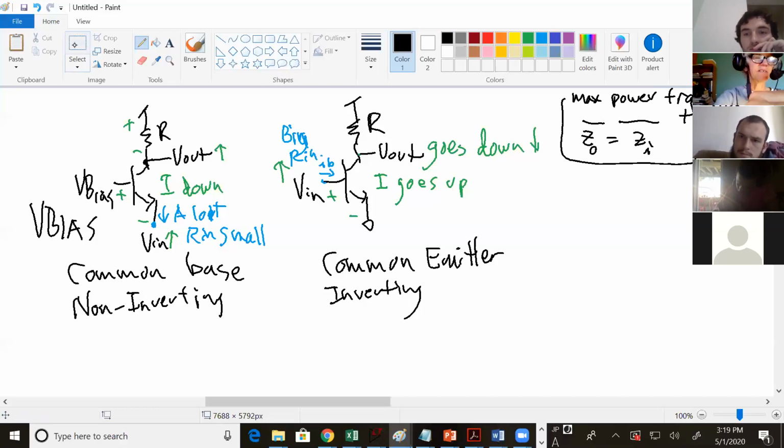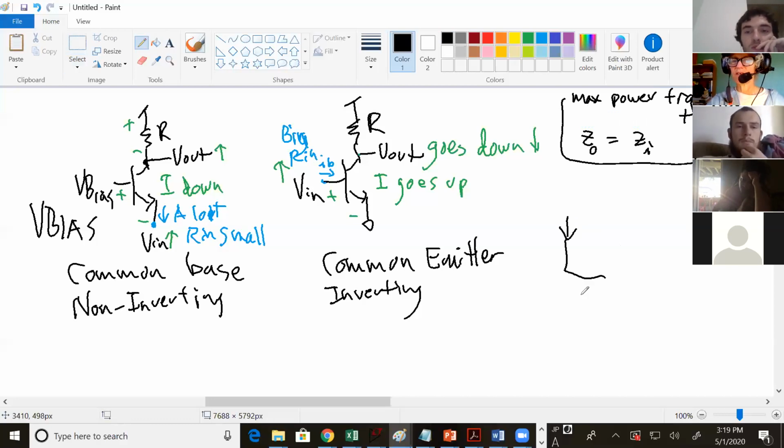I should get rid of those lines because they're weird. Okay, so those are gone. The most common place you see a common base is where you have to match impedance. So if it's a transmission line or something, or most commonly you see this. That's my symbol for an antenna.